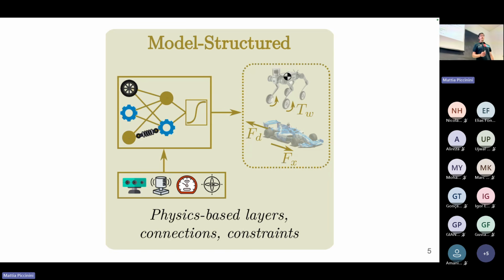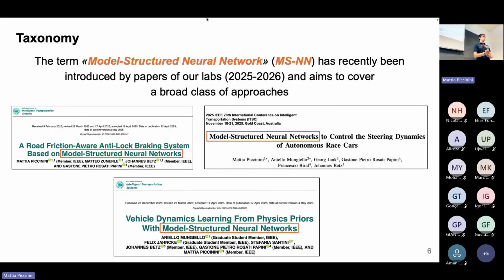The term model structured neural networks was introduced actually by us in some recent papers, which we summarize here. These papers are in the field of vehicle dynamics, if you want. But we want to be actually general and cover a broader class of approaches that we're going to see now in this chapter.